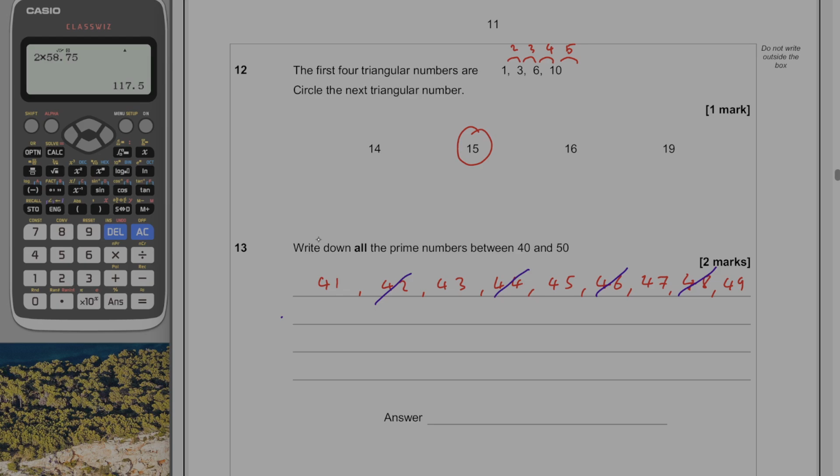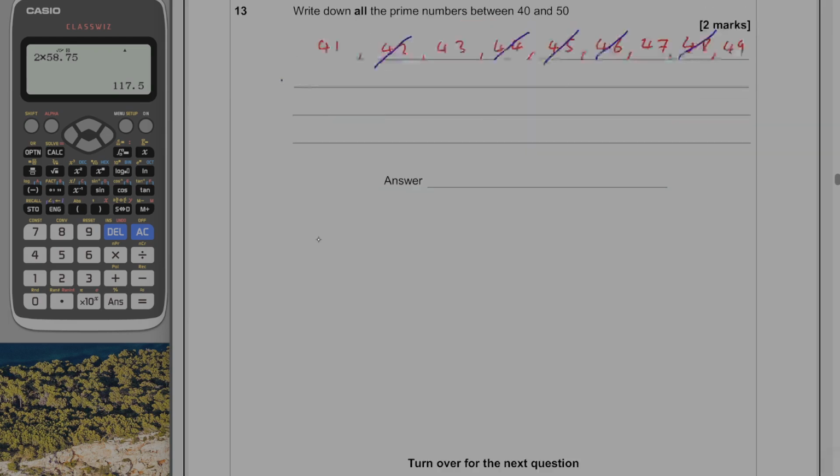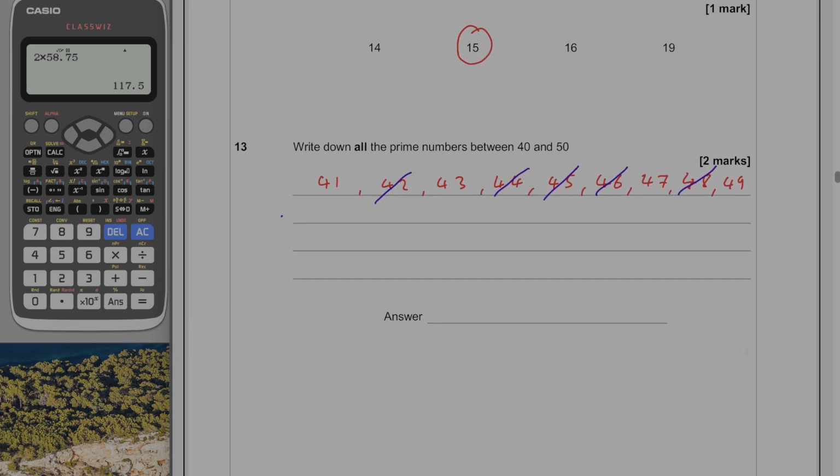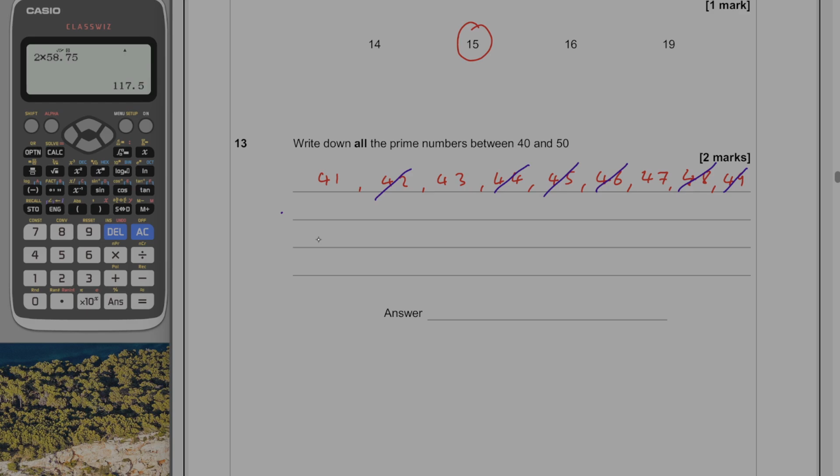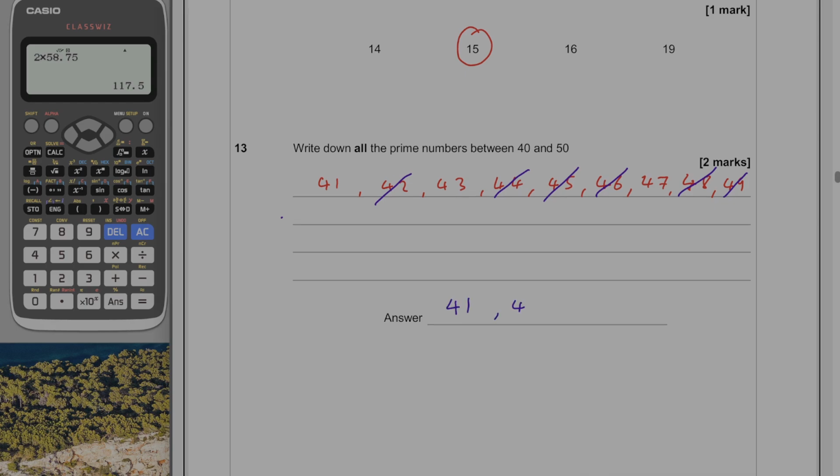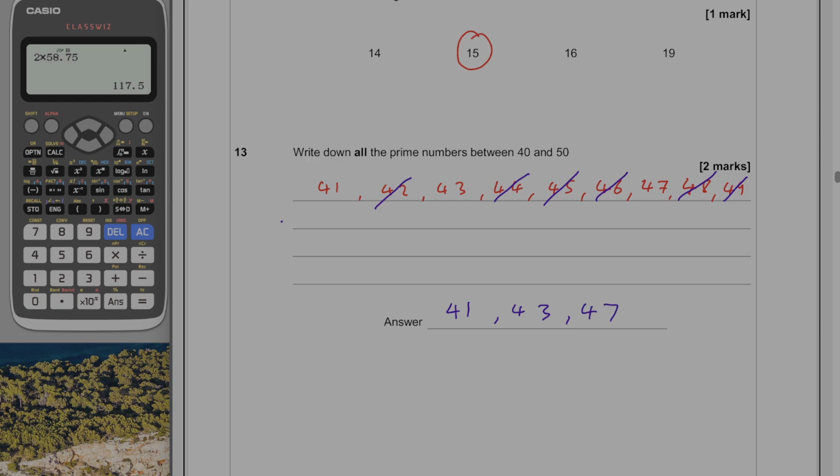I'm then going to get rid of all of my multiples of 3. Then any other non-prime numbers: 7 times 7 is 49. And then that gives us all of my numbers: 41, 43, 47.